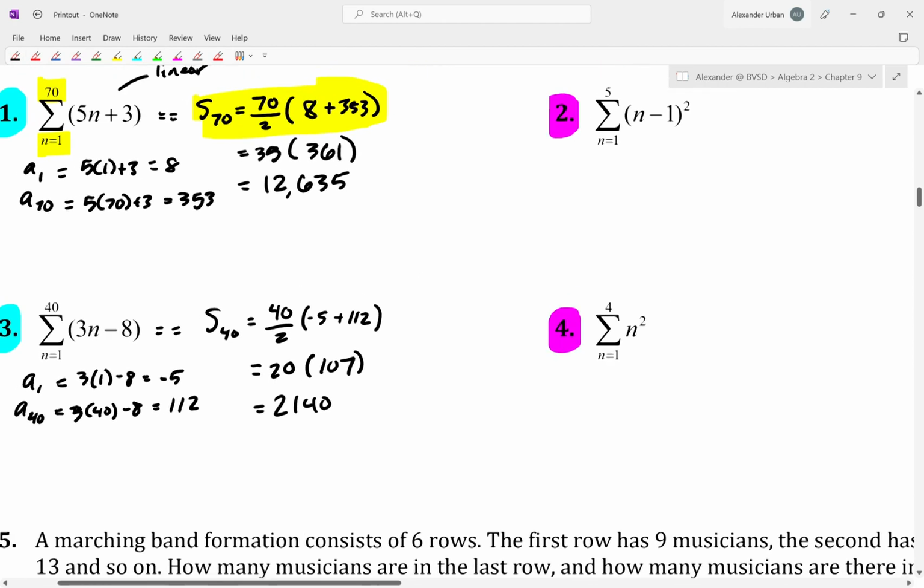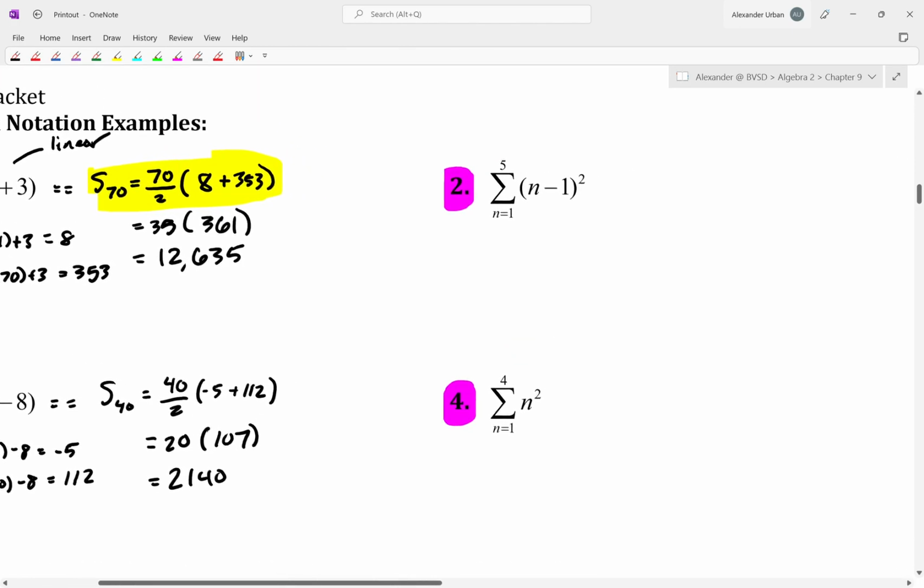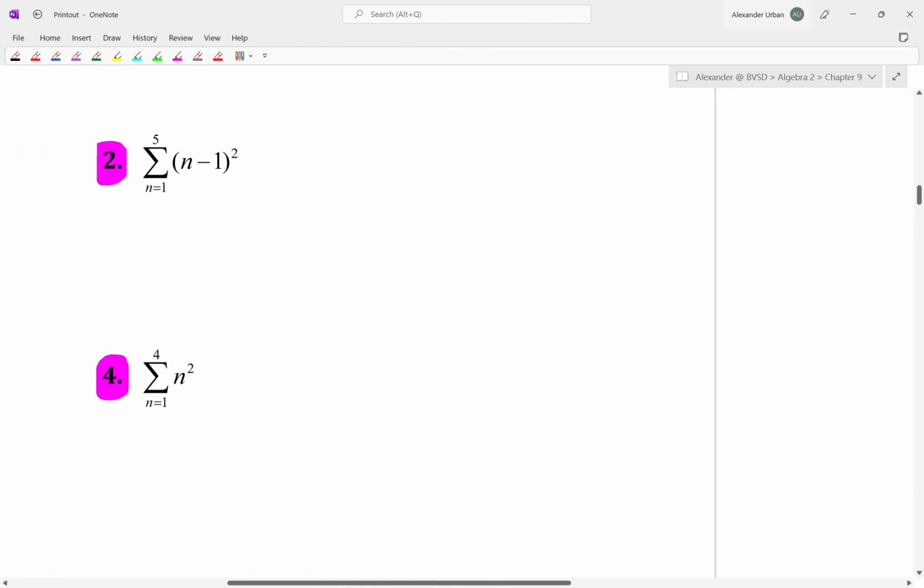So, problems 1 and 3 are just using the previous formulas that we had. The difference now on 2 and 4 is that we are not in a linear pattern. Whatever we put in, we have to square it. So we have 5 terms here. When I talk about the summation of all 5 terms, I'm just going to write out my formula 5 times and add them together.